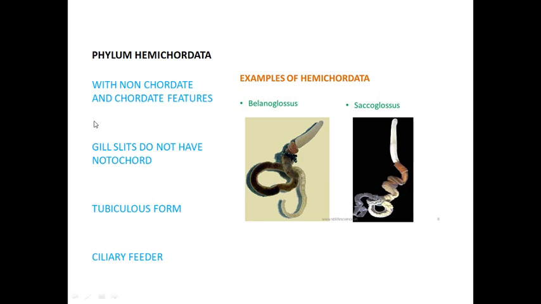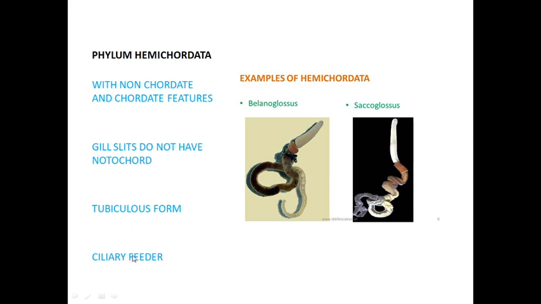But it has some features of the vertebrates, so it is called Hemichordata, and it has ciliary feeders. What are ciliary feeders? The cilia make a water current that flows through the organism, and while the water enters the organism, it automatically takes the food from the water.